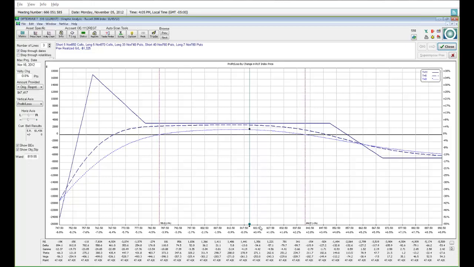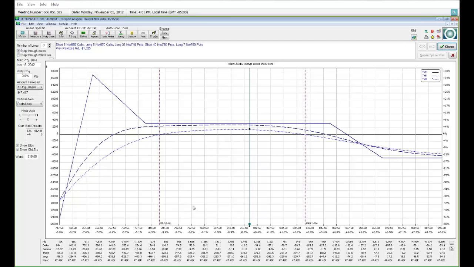If you look down here at the bottom, I'm going to move my mouse slowly down here. This is the Russell 2000 index. Now, if you look at these numbers, like right here, we're talking about 817, 812, 807, 802, 797.